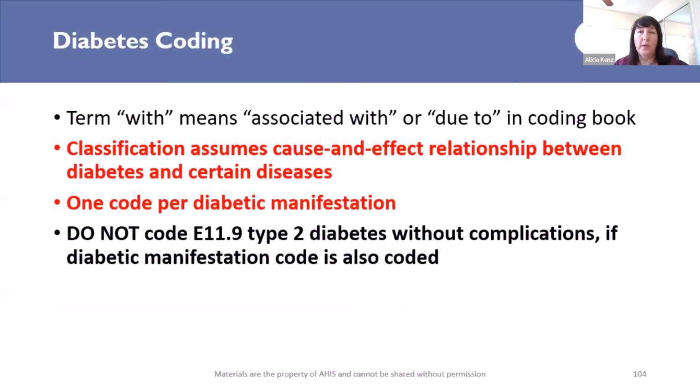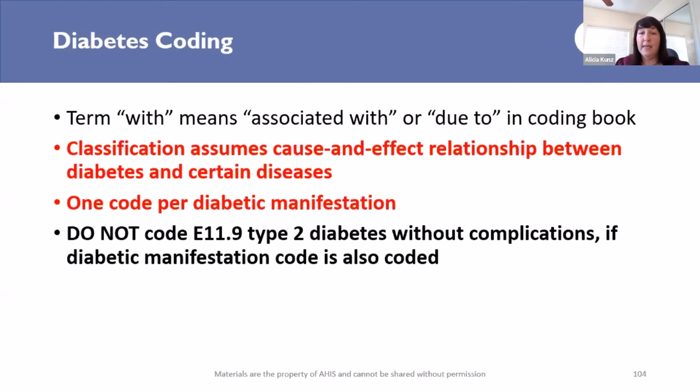So earlier in the morning, we were talking about conditions that are presumed to be related. And one of the ones we were talking about was diabetes and diabetic combo codes. Remember, the classification assumes a cause and effect relationship between diabetes and certain diseases.